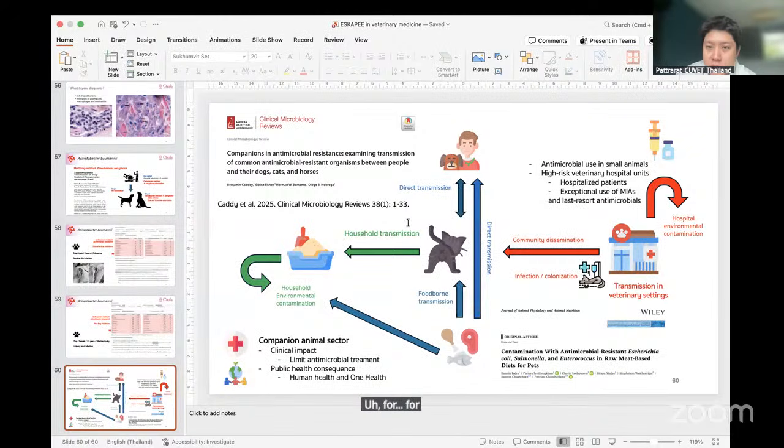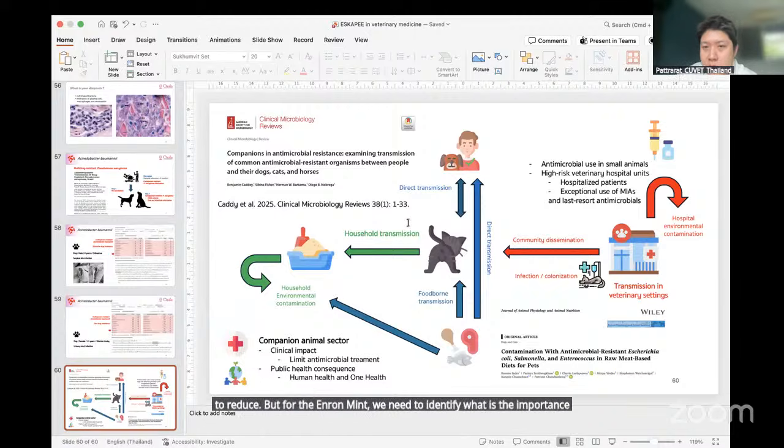For the use, promoting judicious and prudent use are the strategies to reduce it. But for the environment, we need to identify what are the important sources of the resistance. Yes, and for the environment, it's more difficult to monitor because it's more dynamic.